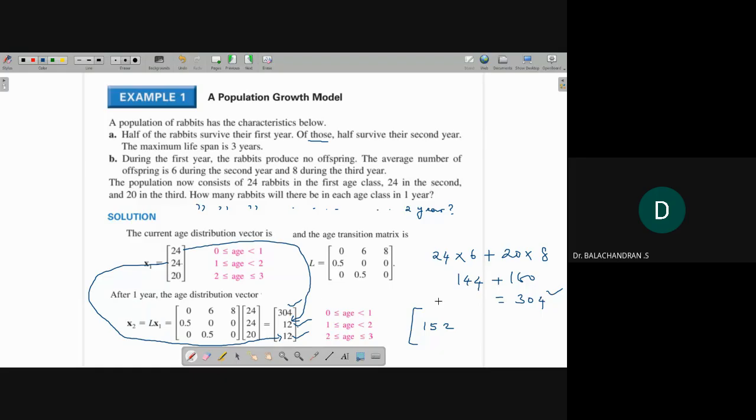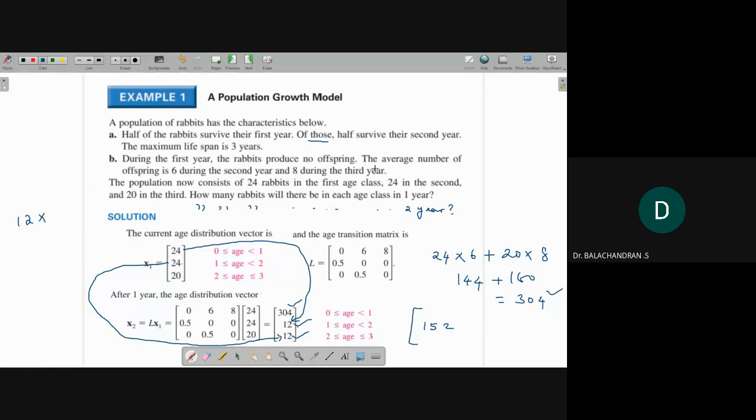Okay. Here 304, how I told? 24 into 6. Okay, good. So similarly, here we have 12. Well, there is no offspring in the first year. So 12 into, in the second age, each of them produce 24 rabbits.